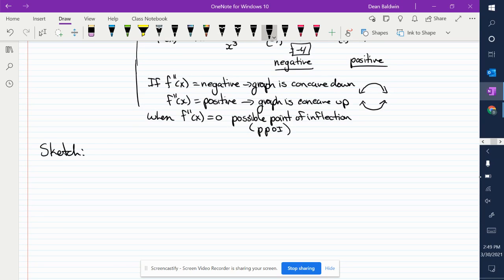Sketch y is equal to, we'll do a polynomial, 3x to the fourth minus 6x squared.